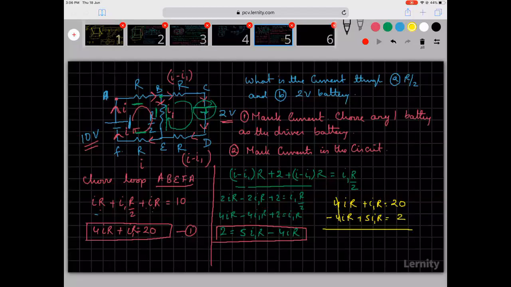I'll get 6I1R is equal to 22, or I1 is equal to 11 by 3 into 1 upon R. So the question was, what is the current through R2? We found out 11 by 3R. Now once you know I1, you get the value for I, and then I minus I1 is the current through the 2-volt battery.